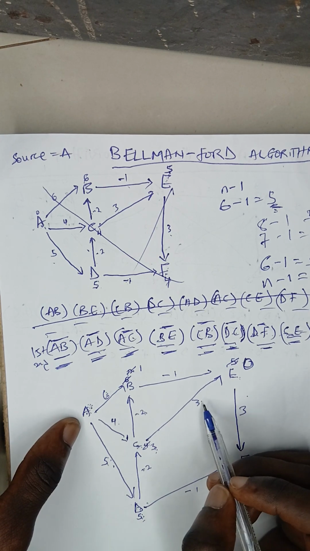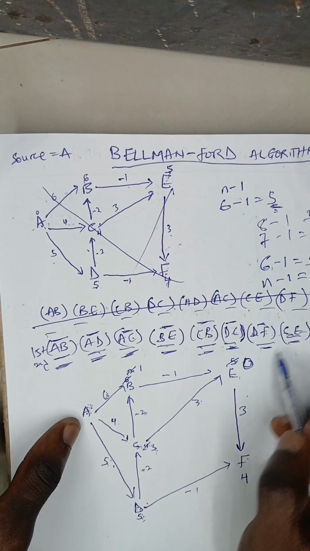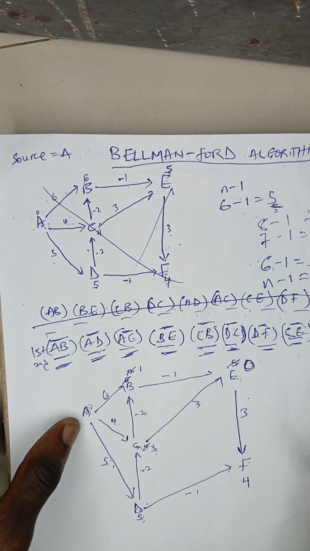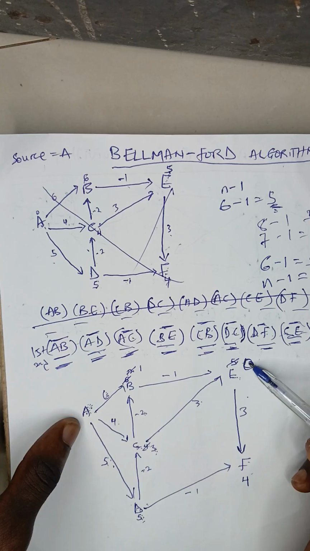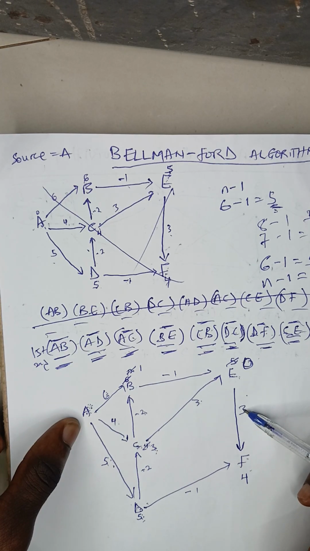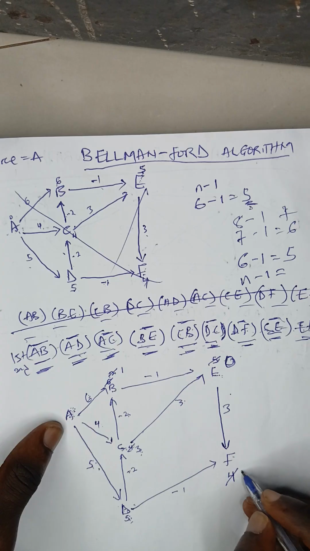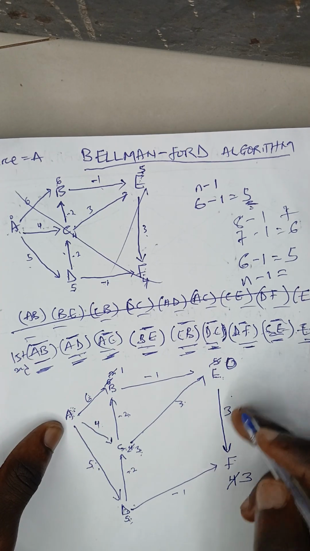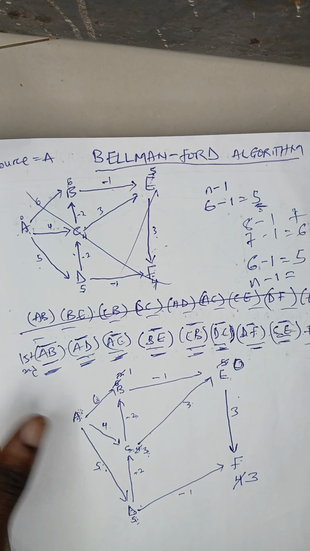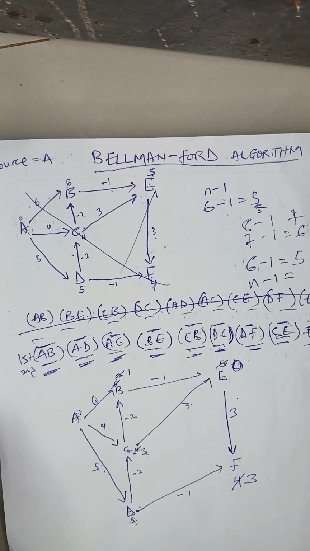C is 3. 3 plus 3. Here will be 6. But 0 is less. You maintain it. EF. E is 0. 0 plus 3 will give you 3. But here is 4. So you update here. 0 plus 3, 3. You update the table. So you are done with the third iteration.